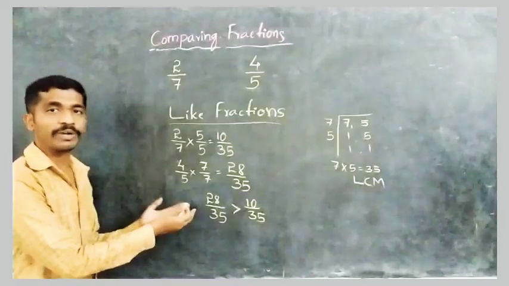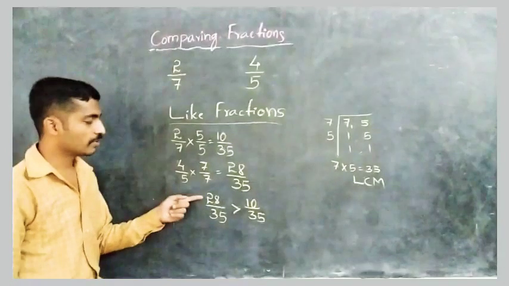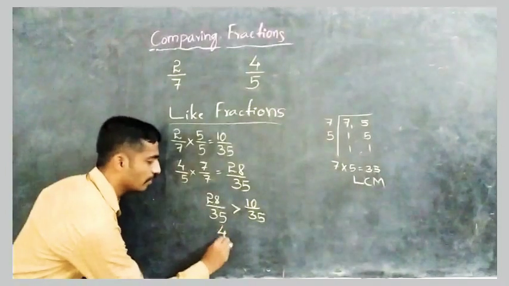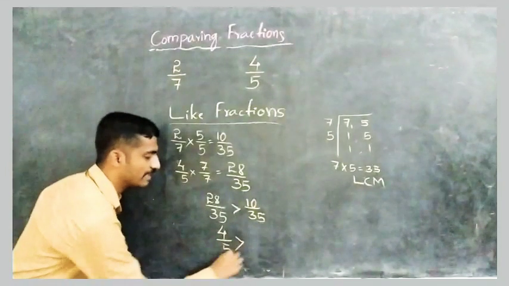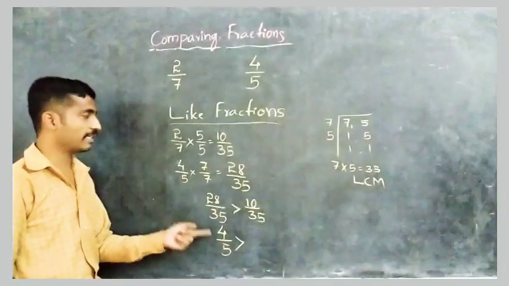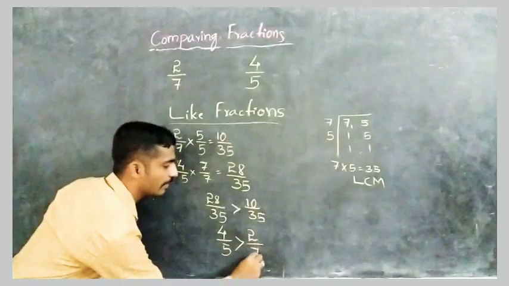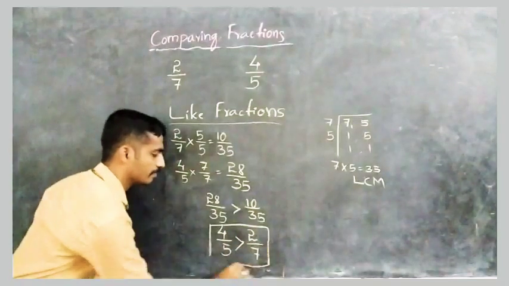Okay, so again you write it in the simpler form. 28 by 35 is what? That is 4 by 5. So 4 by 5 is greater than 2 by 7. This is our answer.